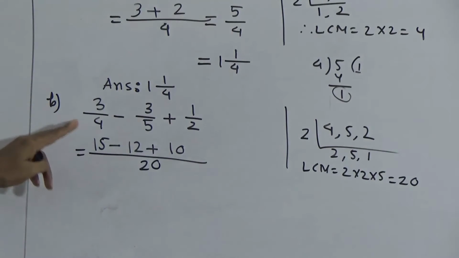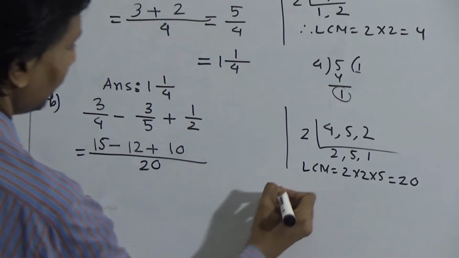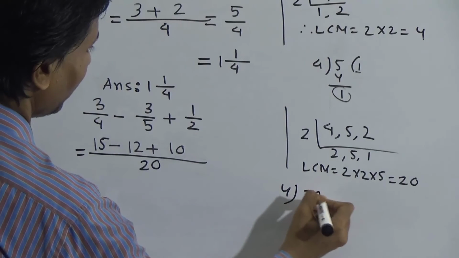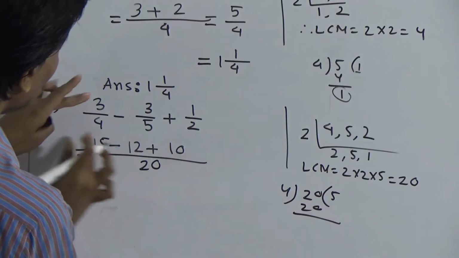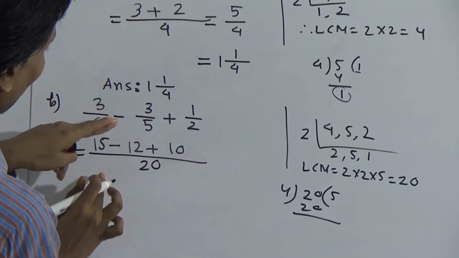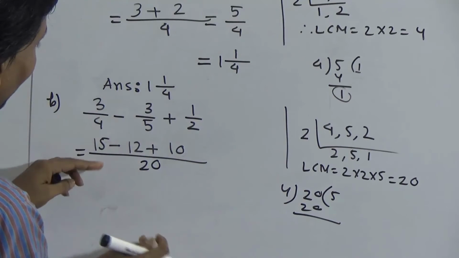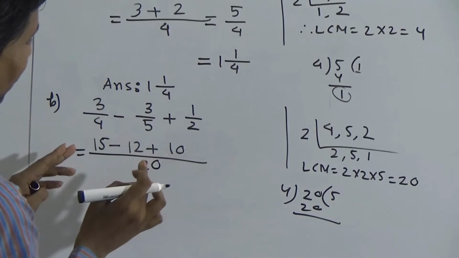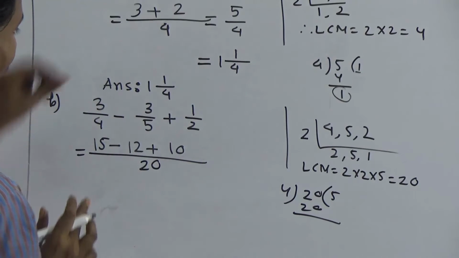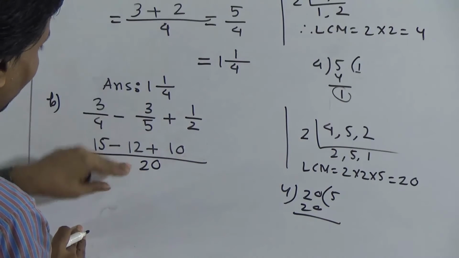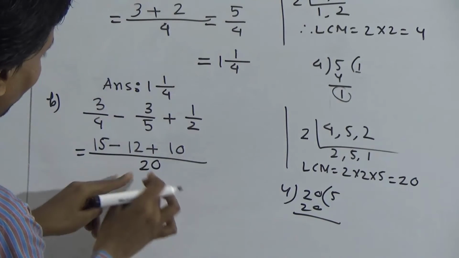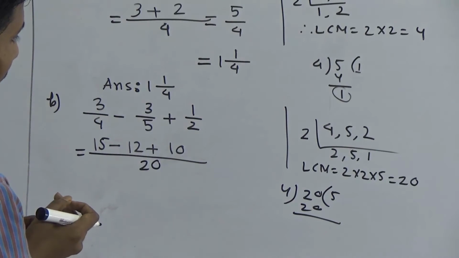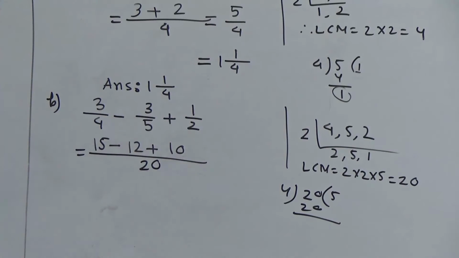Okay, student, look, you divide 20 by 4, then you get 5, then multiply 5 with 3, minus. Now you divide 20 by 5, then you get 4 and multiply with 3, 4 threes are 12, plus, you divide 20 by 2, then you get 10, 10 ones are 10. Okay.